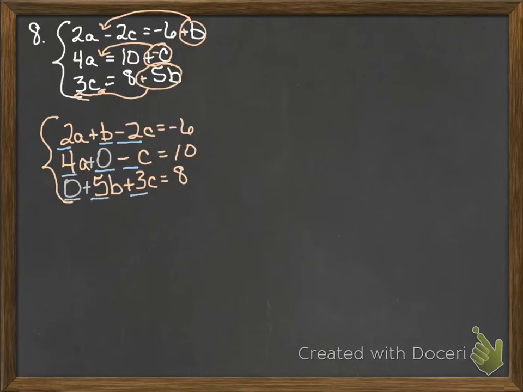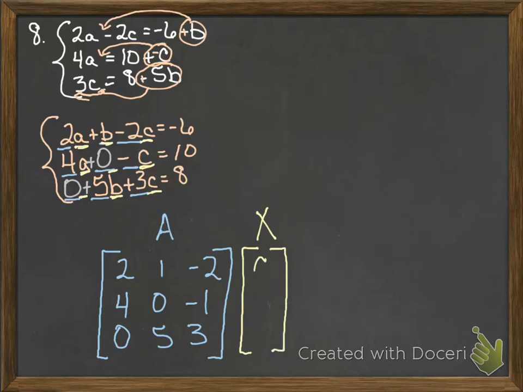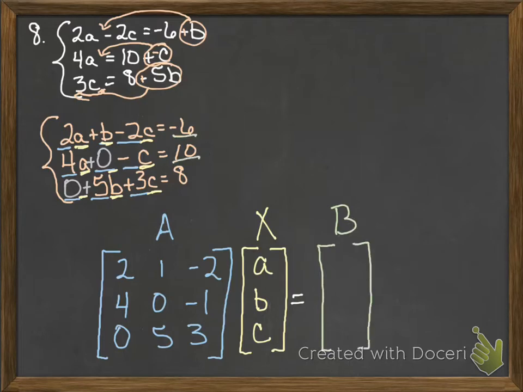I'm going to put that into a matrix A. So I have 2, 1, -2, I have 4, 0, -1, and 0, 5, 3 for matrix A. Then my variable matrix, matrix X, will be A, B, and C. And then my matrix B will be my constants, -6, 10, and 8.